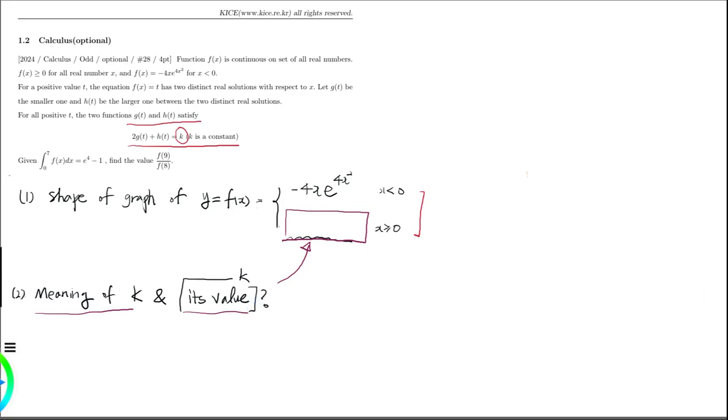First, let me give you some taste of the graph of this function.